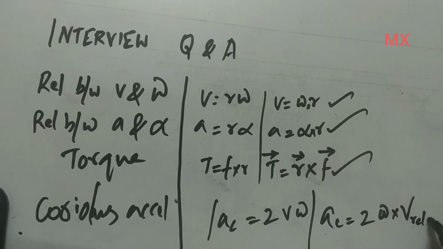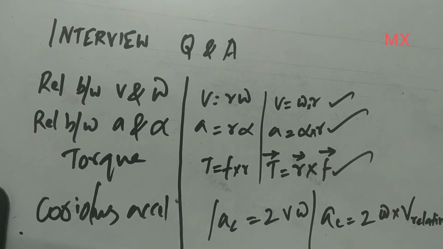Relative is a very important term, because for Coriolis acceleration you will have an example like a slotted bar. The slider will slide with respect to the slotted bar, so the velocity will come with respect to the slotted bar, or the slider with respect to the slotted bar. That's why V relative is being taken here.